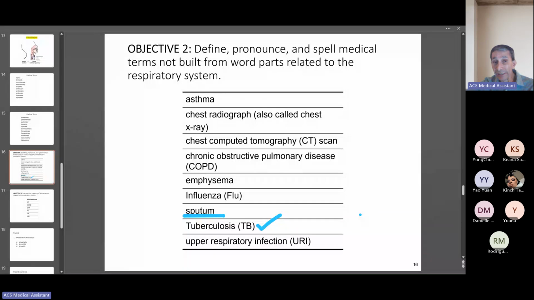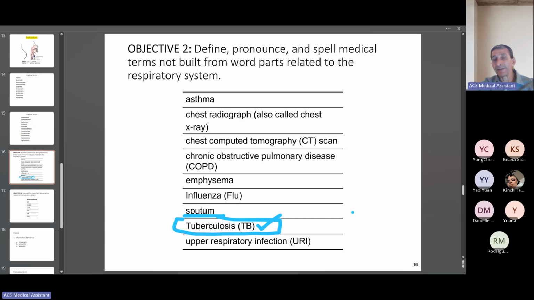If it's not treated or not treated correctly, it can kill you. These are the patients that are going to be in isolation. These are the patients where you need to use a respirator when you go to the room. You need to put on all this personal protective equipment.